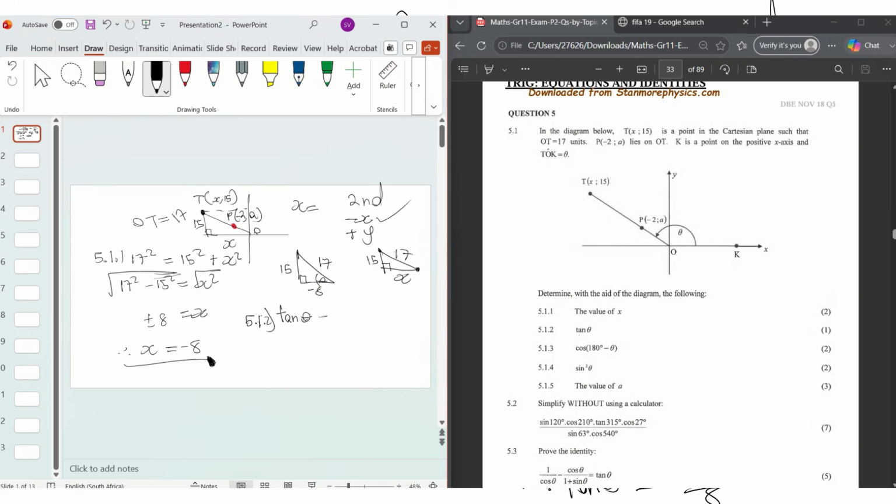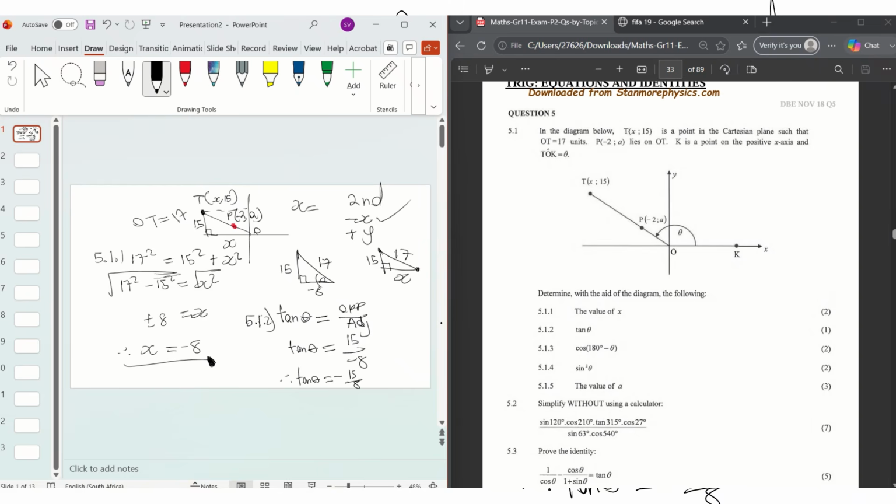Tan theta is equal to, we know that tan is opposite over adjacent. So what will be our opposite? It's 15 over negative 8. Therefore tan theta is equal to negative 15 over 8.